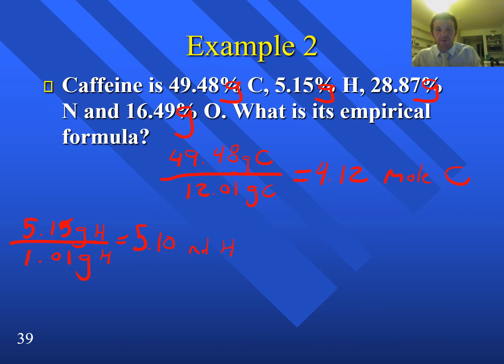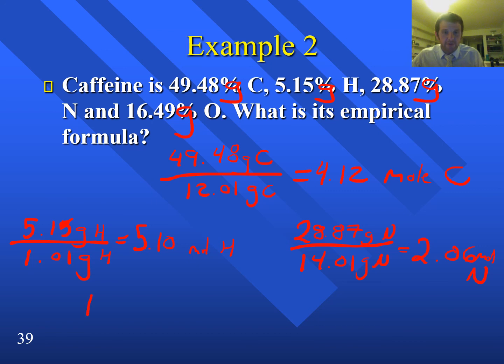Let's go to the nitrogen. So I have 28.87 divided by the periodic table is telling me 14.01 grams of nitrogen. So I know that I have 28.87 divided by 14.01, 2.06 moles of nitrogen.